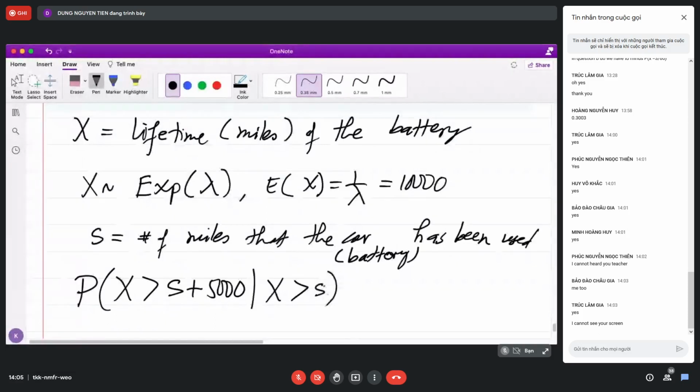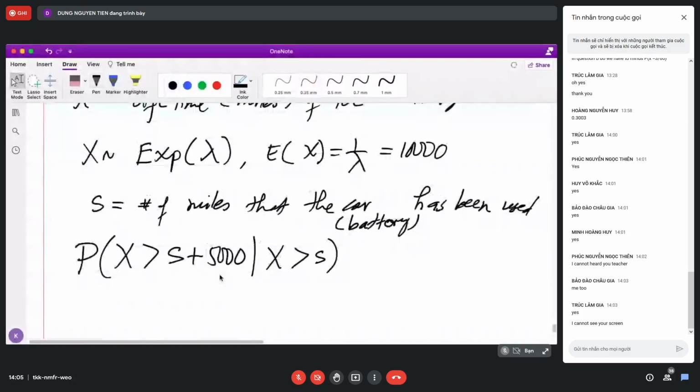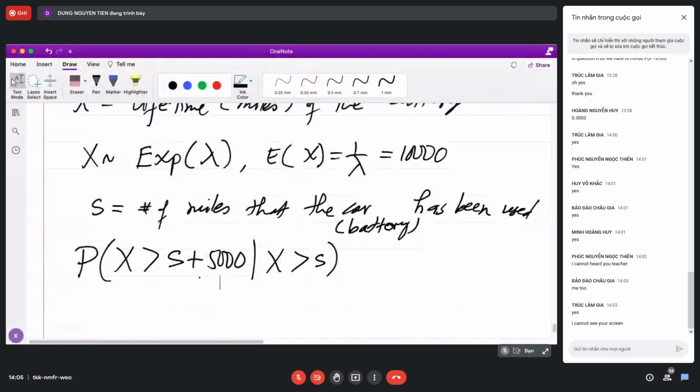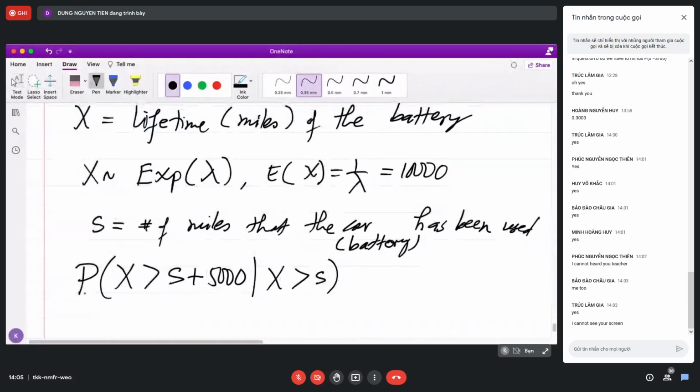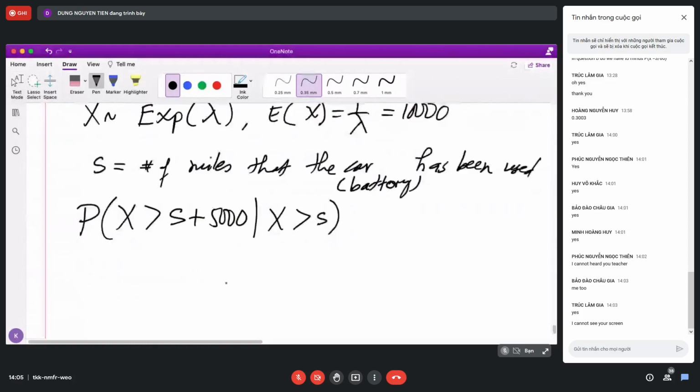X is more than S, because it has been used for S miles and is still okay for now. Then the lifetime must be greater than S, and you want to find the probability that X is greater than S plus 5,000, given that X is more than S, right? Because you want to use an additional 5,000 miles. So this is the probability that X is greater than 5,000, right?